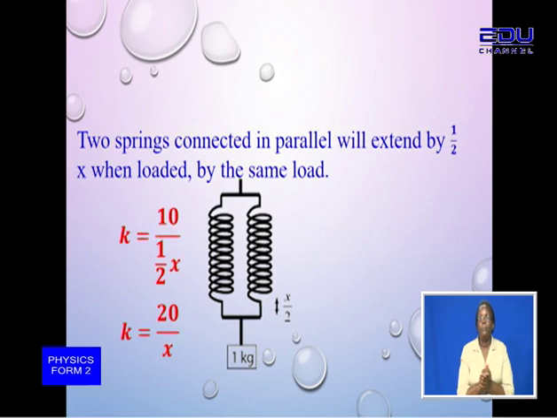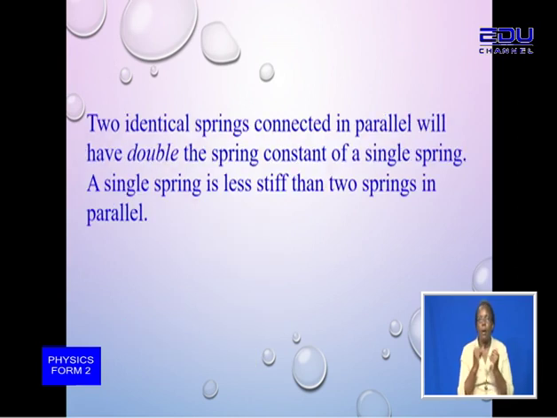Now, going by what we know from the spring balance in series, by now you already have an idea of how to get the spring constant of several more springs that have been combined in parallel. Not just two.